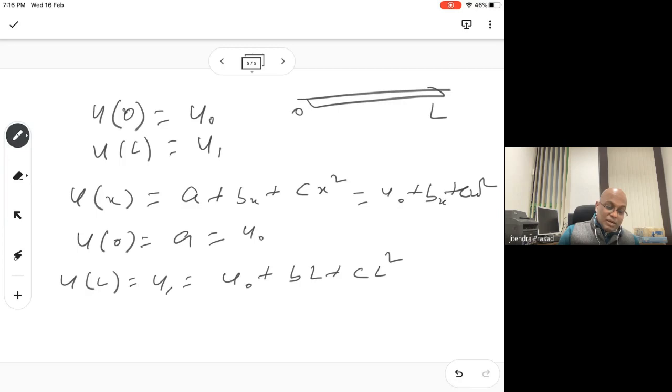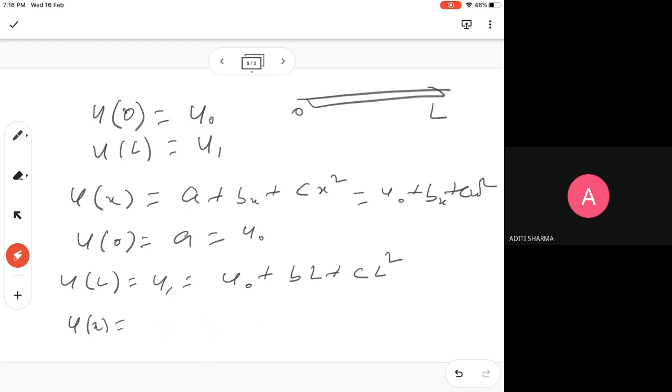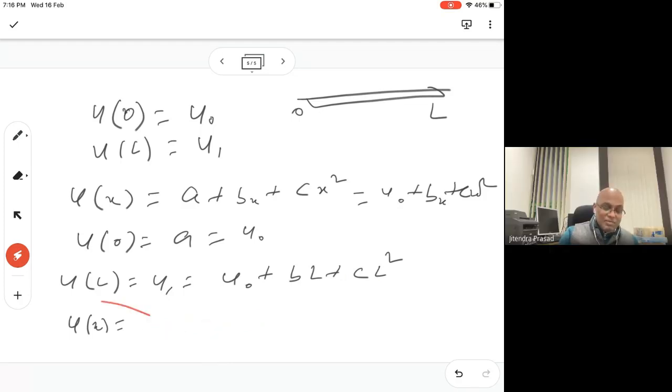From here we get a value of b. So finally you end up with u(x), which has only one variable coefficient, c, and all the other values.